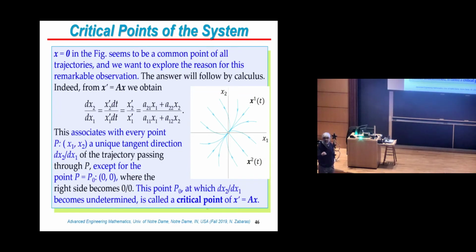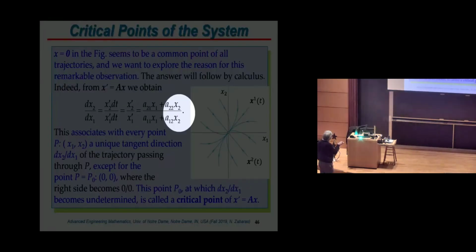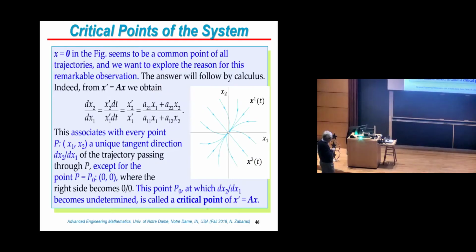That's the critical point, all right? In our case, that's, let's say, the point 0, 0. So effectively, a critical point you can find by setting Ax equal to 0 and assuming A is not singular, and the solution to that is x equal to 0. Another way to look at this is a point where the slope of the trajectory passing through that point is undetermined.